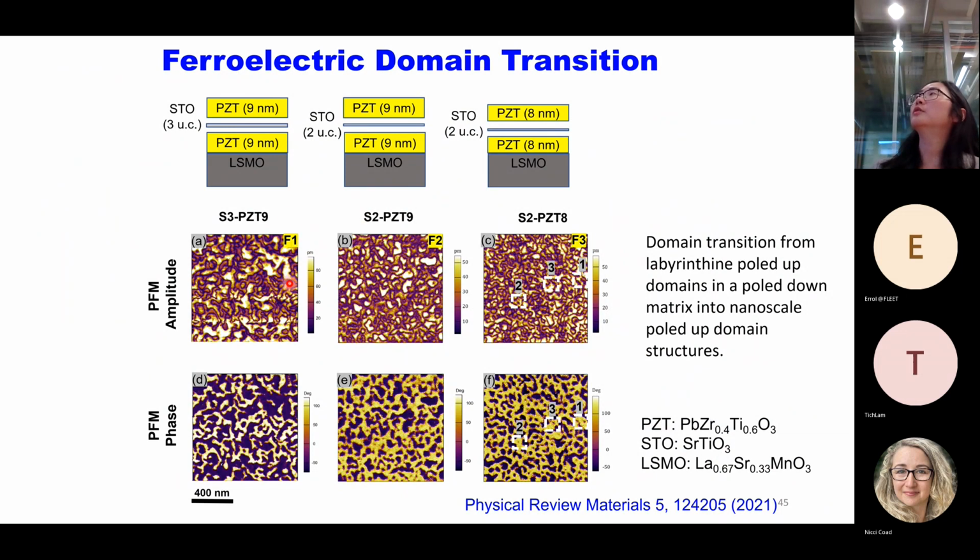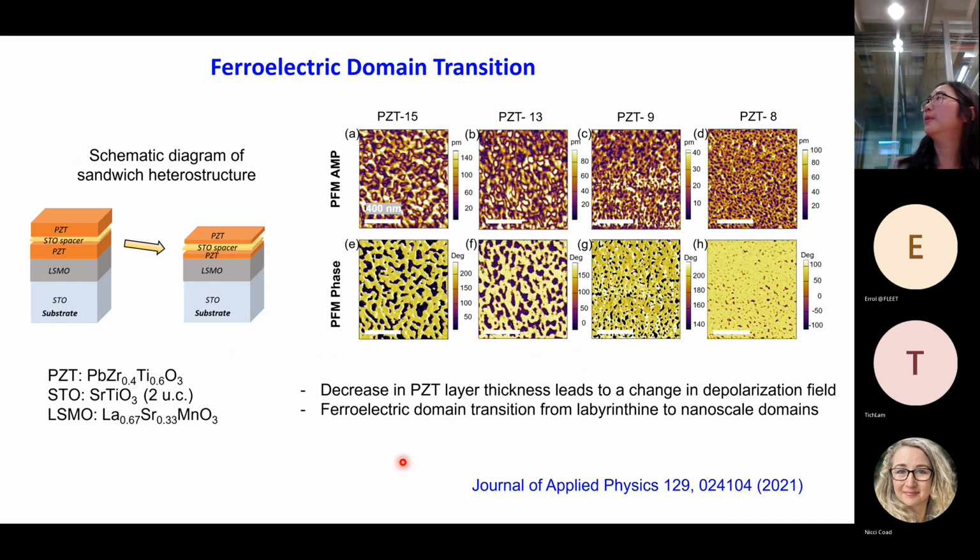So it changes the boundary conditions, and it can change these domain structures. We also fixed the spacer layer and changed the thickness of the PZT. And then you can see, from the very beginning of the fabrication, how we can realize these smaller domains.